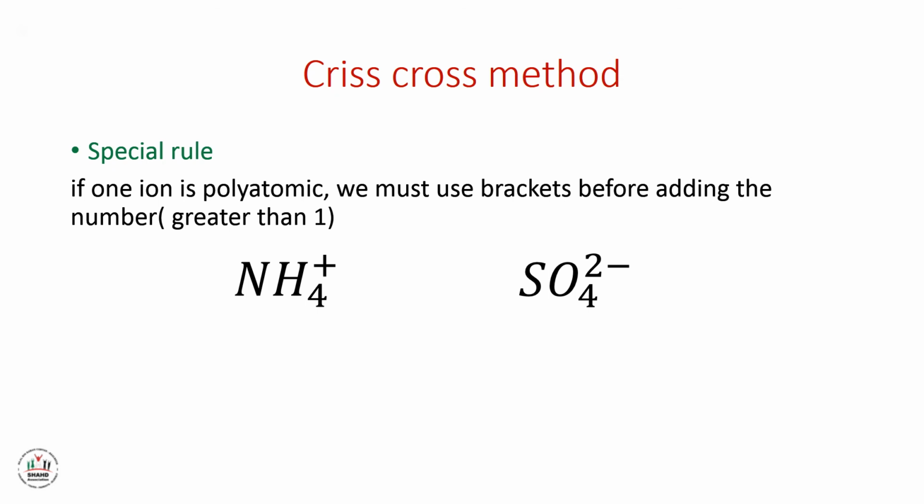Under NH4+ we write 1, and under SO4 2- we write 2, and we cross. So NH4 times 2, in this case we place brackets because the number is greater than 1. (NH4)2. Now, 1 is multiplied by SO4, so we do not use brackets, SO4.